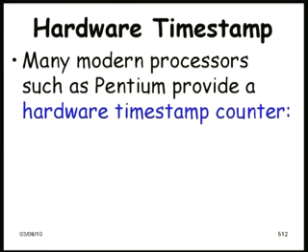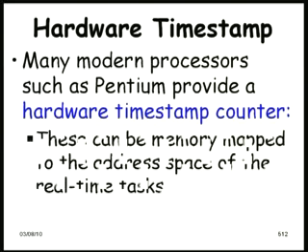While discussing the operating system, we will point that out. Even while discussing the POSIX standard, we will discuss this. The nanosecond clock time can be read through a memory mapped address space of the real time tasks.